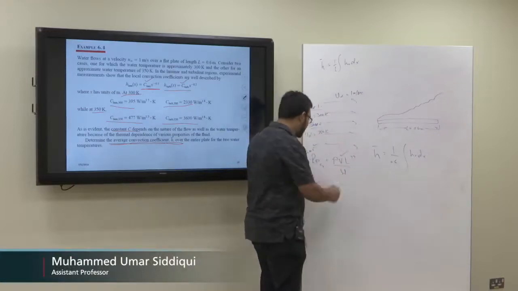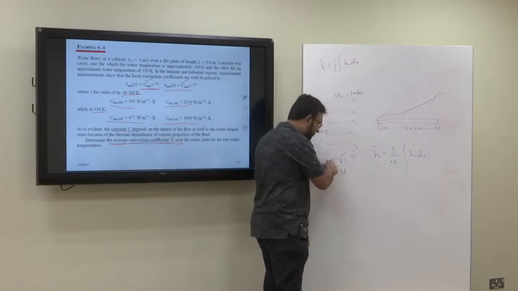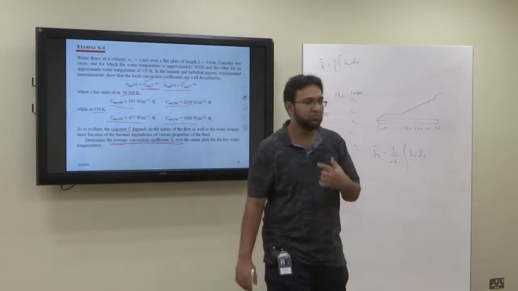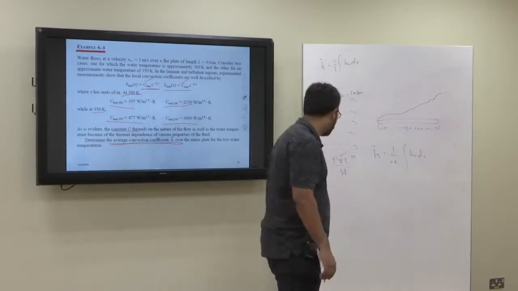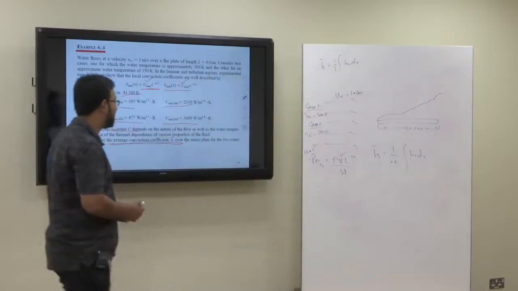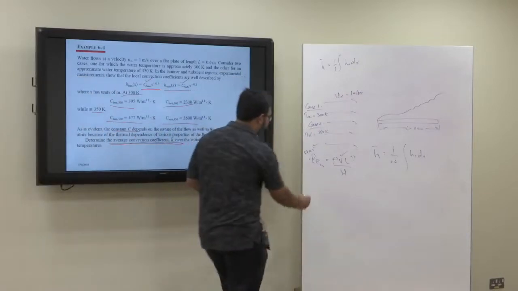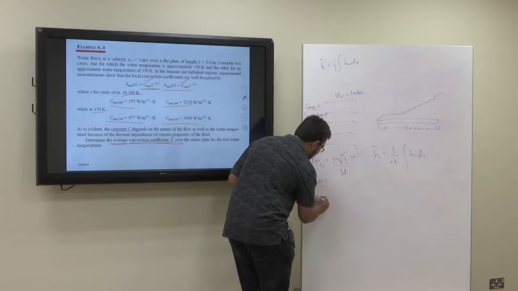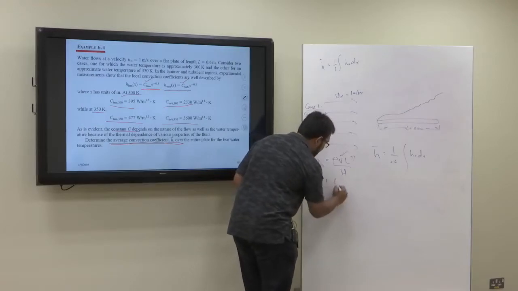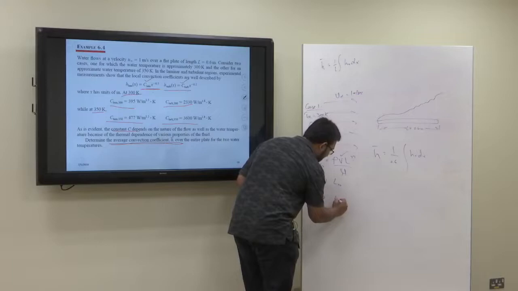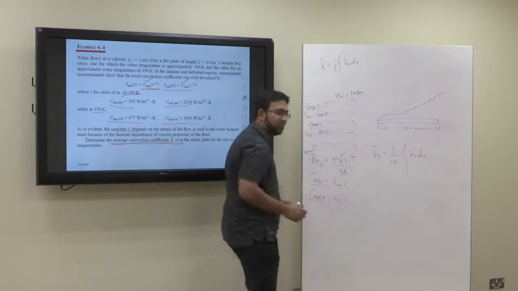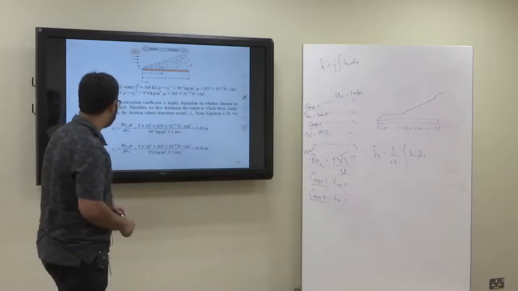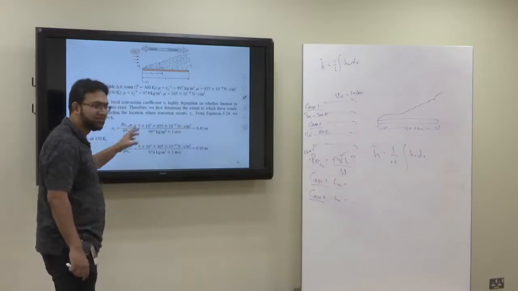Similarly, for case 2, we put the density and viscosity of water, again get a length, and determine the length after which it becomes turbulent. So we solve it two times, for case 1 and case 2. Let's call it L critical, or X critical, it's the same thing.